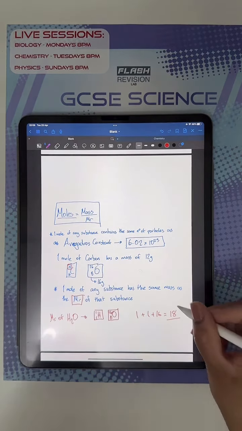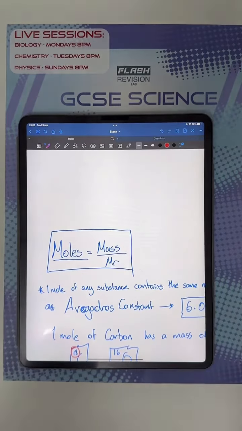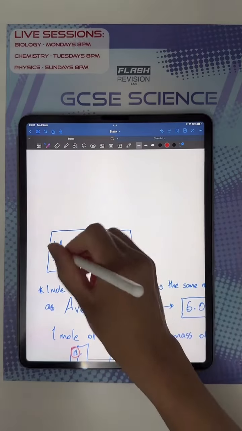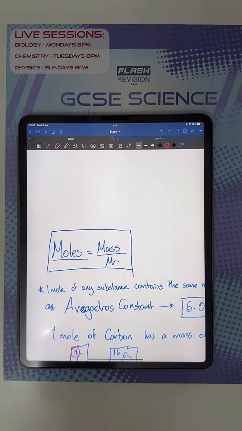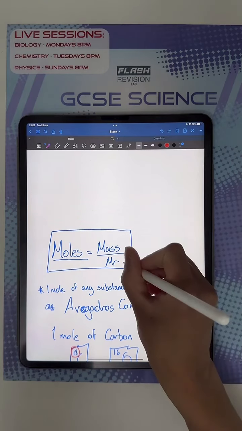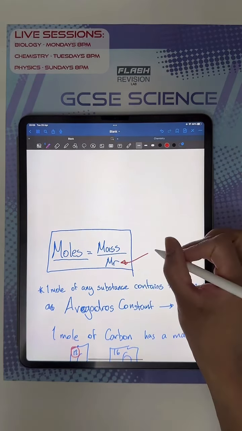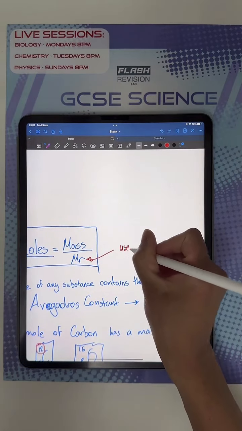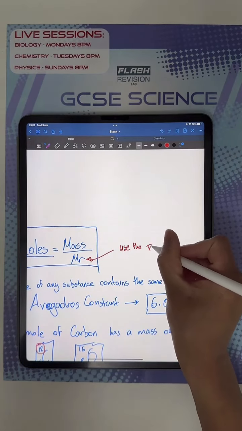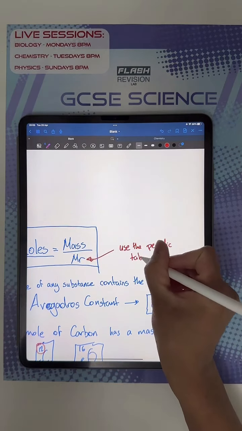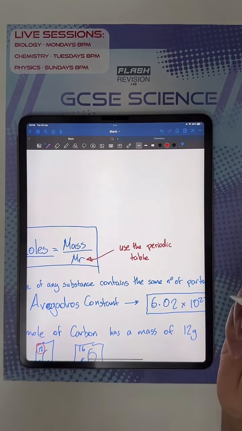Okay, so that comes back to this part, which is moles equals mass over MR. So if you ever want to work out how many moles you have, you take the mass of the substance, divide it by the MR. So the MR, you use the periodic table to work that out. Mass is given to you.